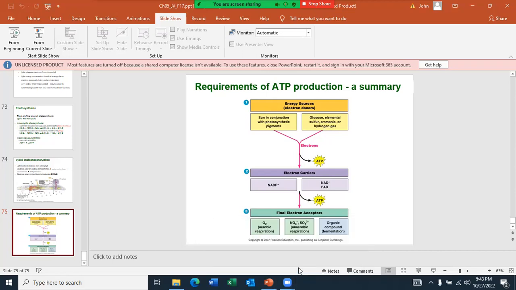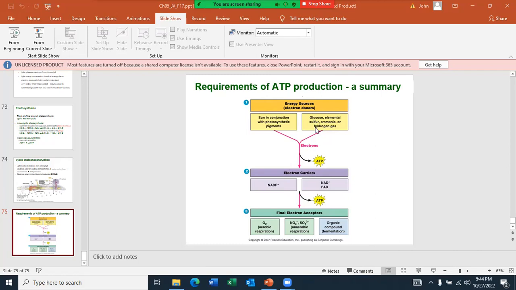Are you guys there? Yeah. Okay, good. This slide is showing you a summary of ATP production. The energy source can vary. It could be glucose. It could be food.